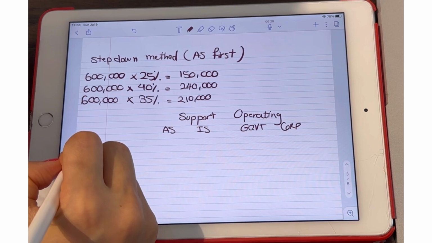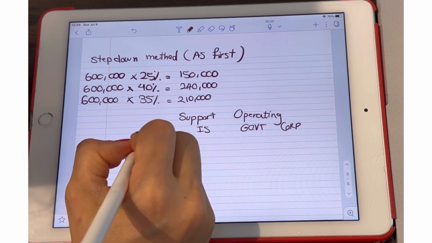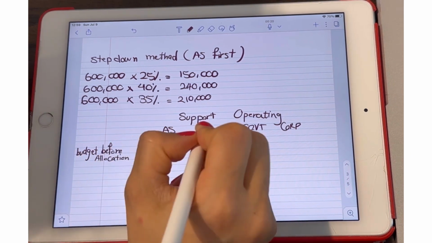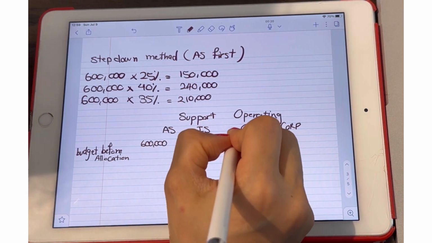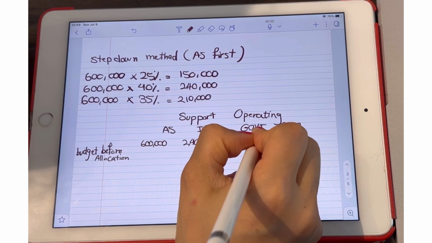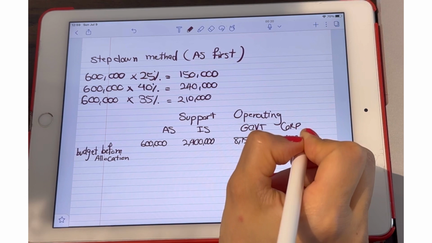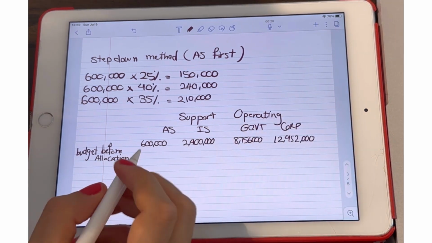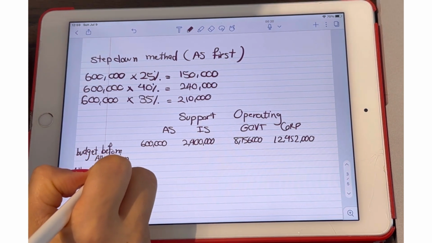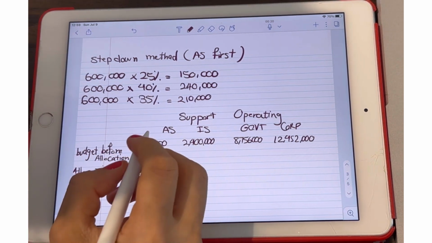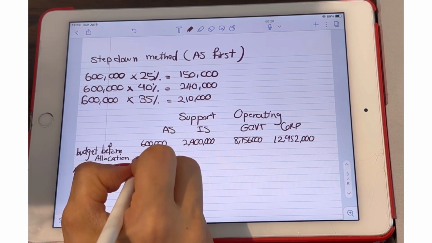Just write down the lines the same as before. So the first line is budgeted overhead cost before allocations. And then allocation of AS first.